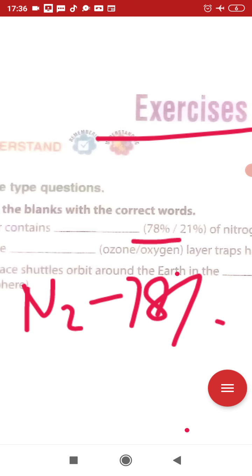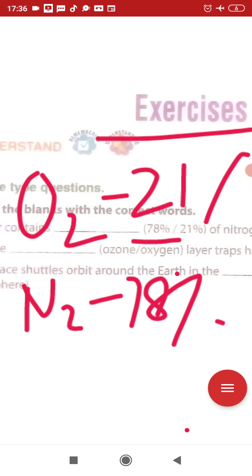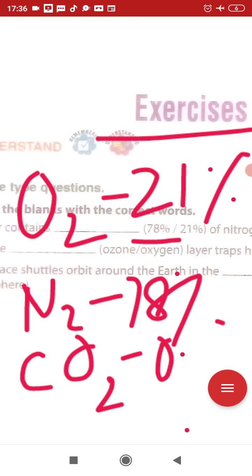If we express the amount of nitrogen, then it will be 78%. If we express the amount of oxygen in air, then it will be about 21%, or you can write 20.9%. The amount of carbon dioxide, CO2, is 0.03%.